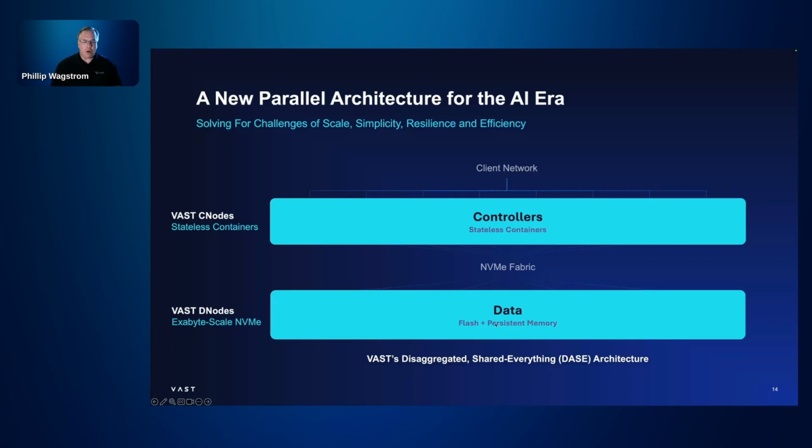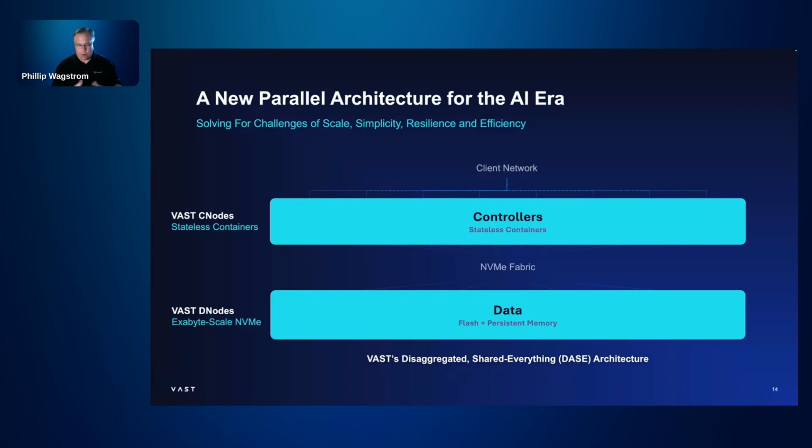And in the back end, we have our data plane, which are referred to as D nodes, where this is going to be your flash, consisting of high capacity flash along with high endurance flash or SCM, and this is where the data actually gets stored. And there's going to be a high-speed fabric between all of these.